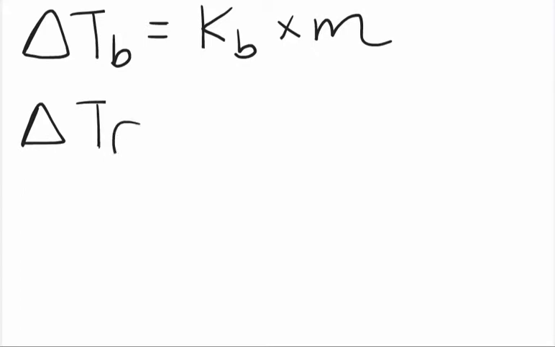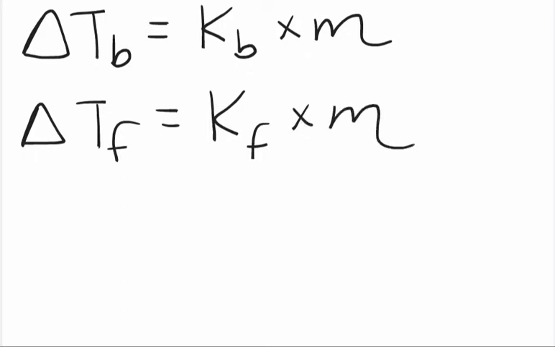If you want to calculate the number of degrees that a freezing point will be depressed, that it will go down for a solvent, you need to look up the freezing point constant for that solvent and multiply it by the molality of the solution. If you're dealing with an ionic compound as opposed to a molecular compound that you'll be dissolving in the solvent, there is an additional step.